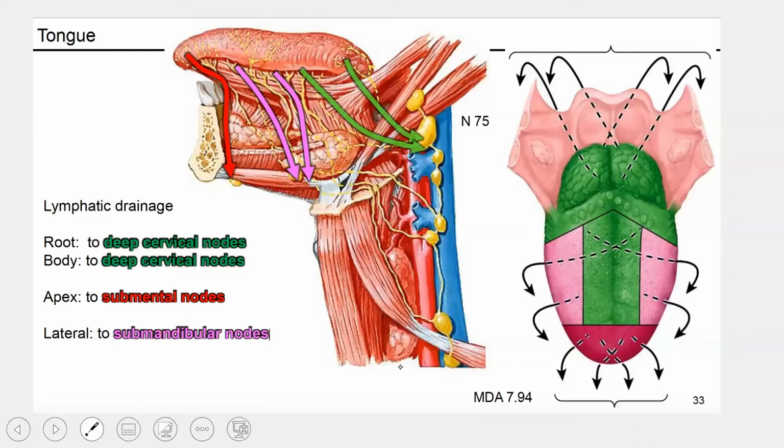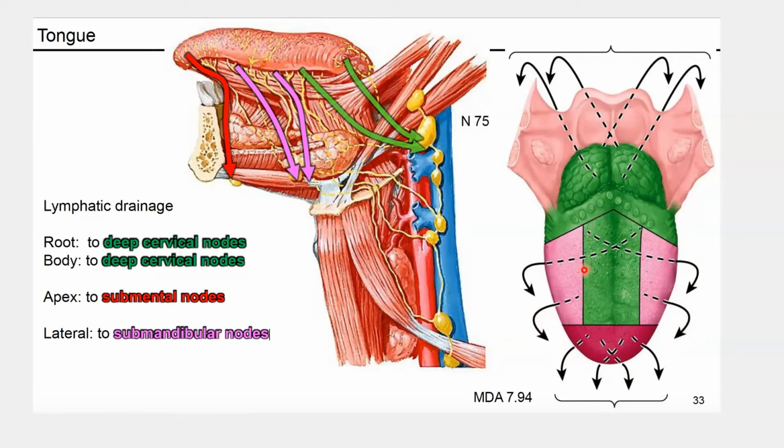Then we will look at how the tongue drains, right? The tip of the tongue drains into the submental lymph nodes. It's easy to remember. Now, when you take the anterior 2/3 of the tongue, except the tip, the most lateral areas, the lateral halves, drain into the submandibular nodes on the same side.